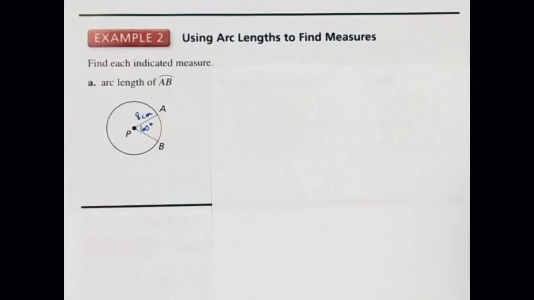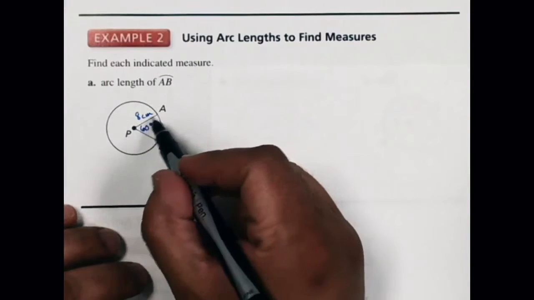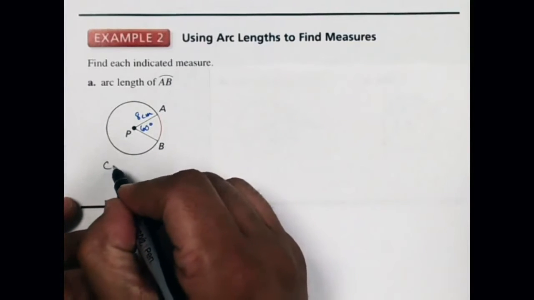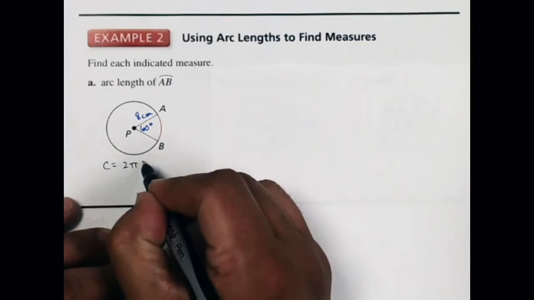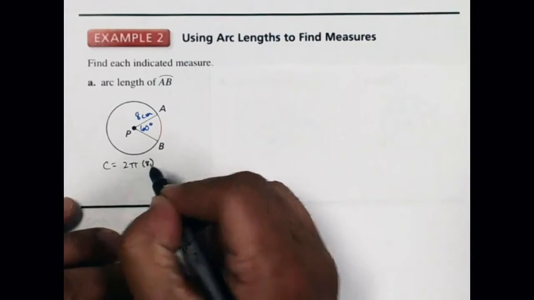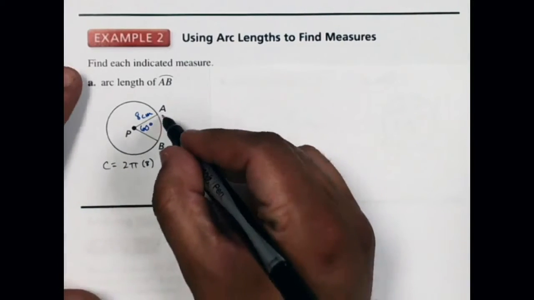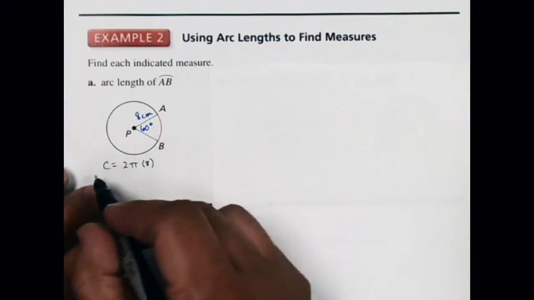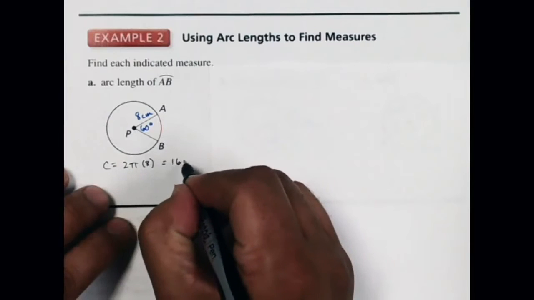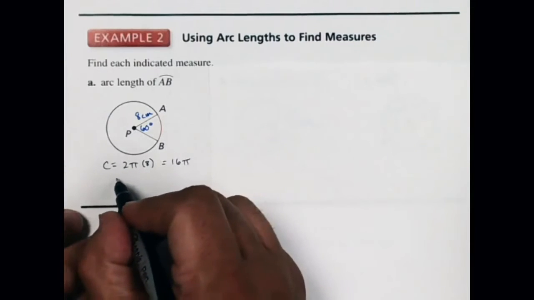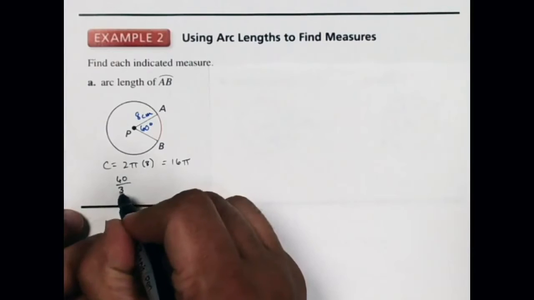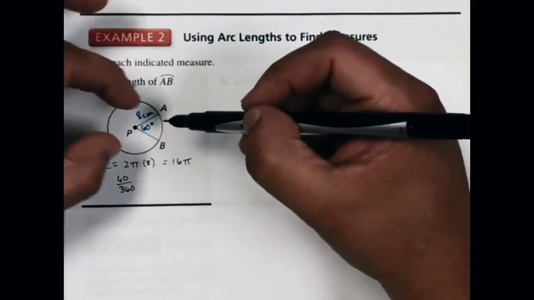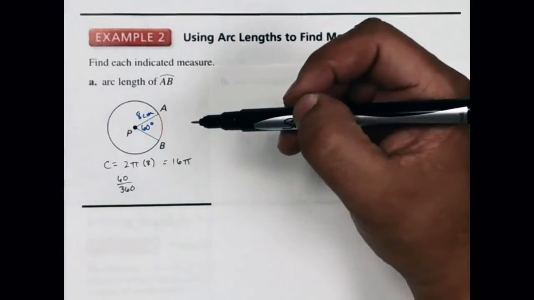Now let me show you what I mean. This radius right here is 8. If I wanted the total circumference, I would do 2 times pi times the radius, which in this case is 8. But since I only want this piece of it, the arc AB, I'm going to take this circumference, which would be 16 pi, and multiply that by 60 over 360, because the 60 over 360 represents the piece of the whole circle that I want.